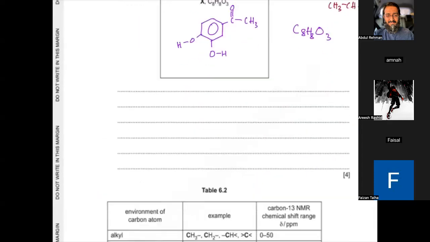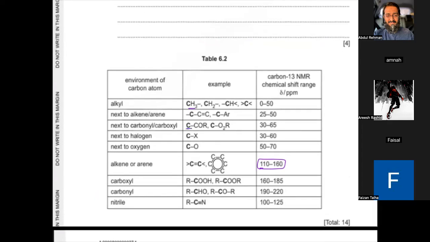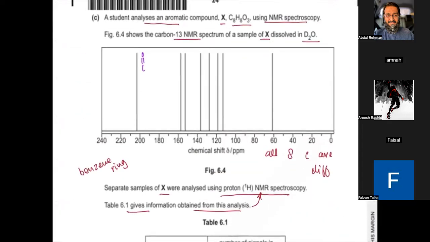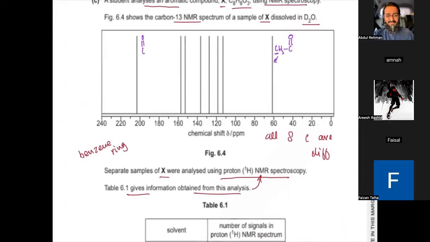Now, the CH3 carbon neighboring the C=O ranges from 30 to 65. So see, this is for the carbon that is bonded to the carbonyl.